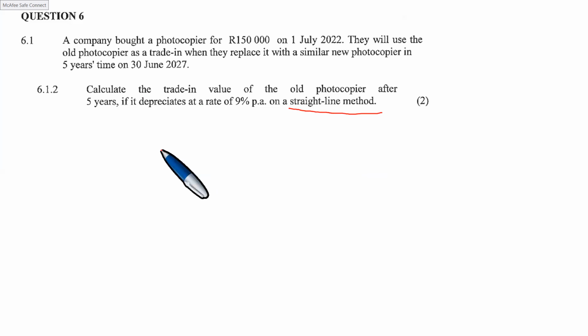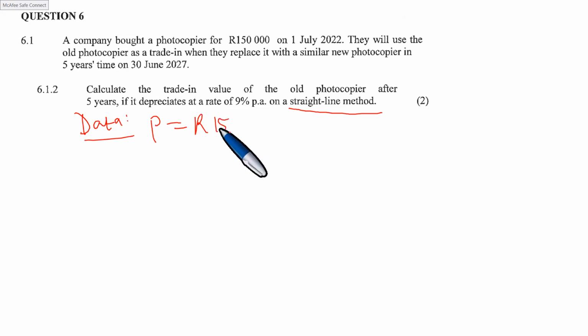In finance, it's very important to write down the data so that we can decide which formula to use. We have been given the present value, the price at which it was bought: 150,000 Rand.